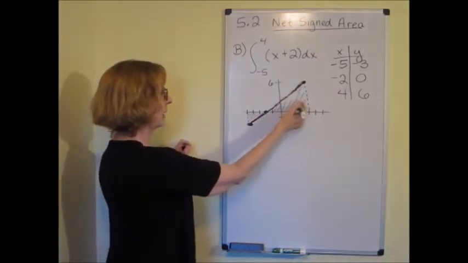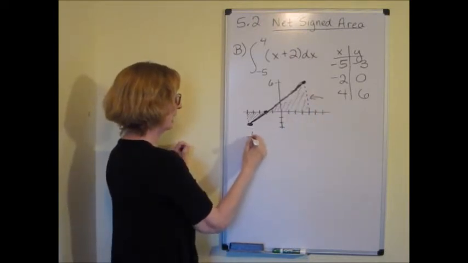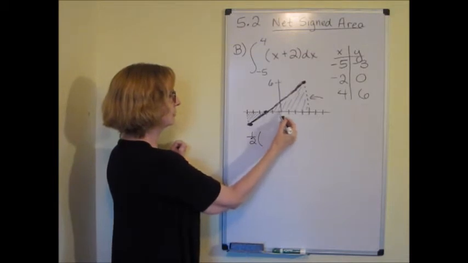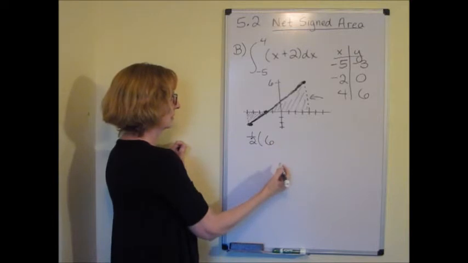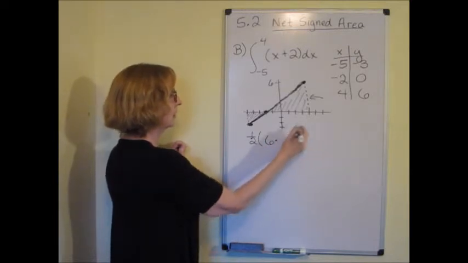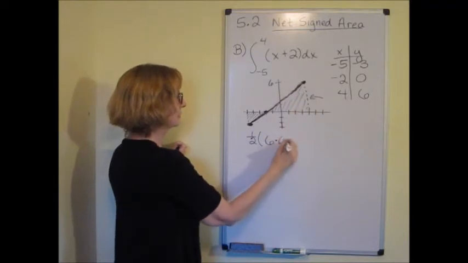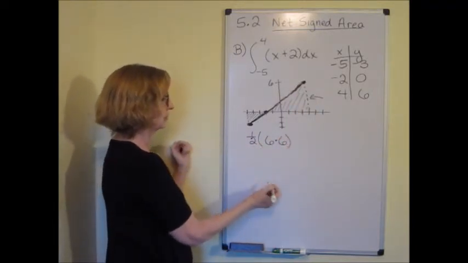So first off, my area above is this top triangle. So I have 1/2. The base is going to be, let's count it, 1, 2, 3, 4, 5, 6 times the height. And the height of this triangle is also 6. And that's going to be the triangle that's above.